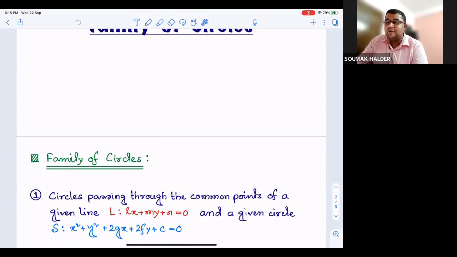And also we can conclude the family of circles we are about to describe must have the trivial member S is equal to 0 itself. It is also a circle which is going to pass through those considered points.